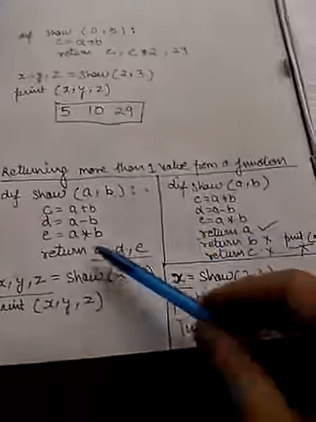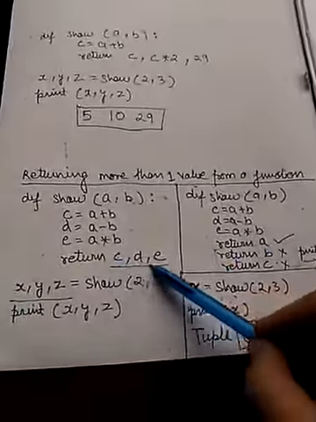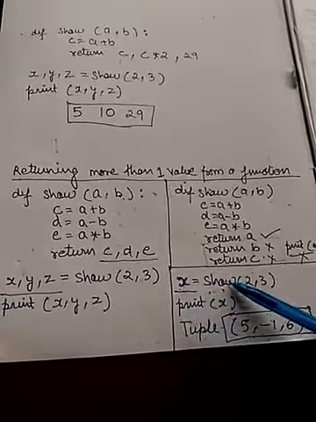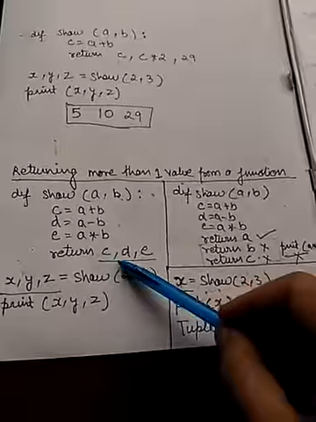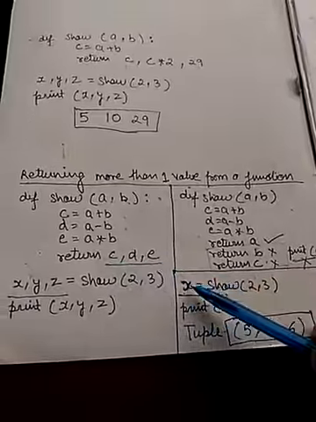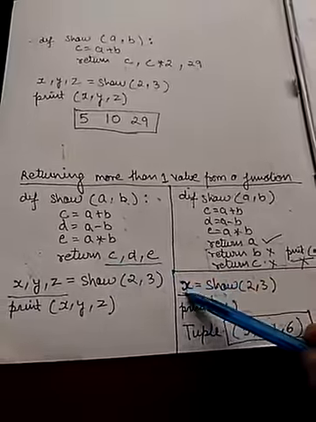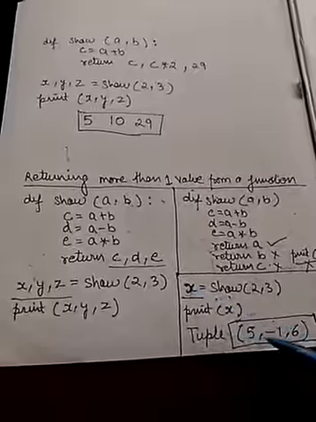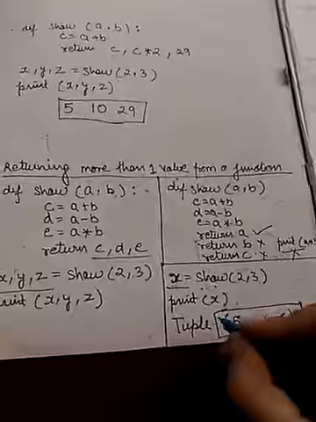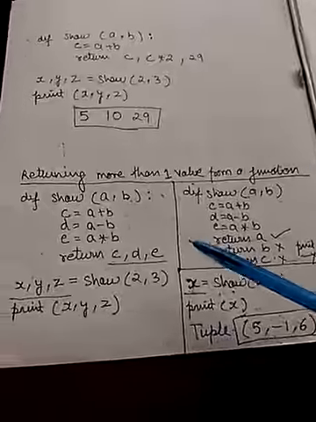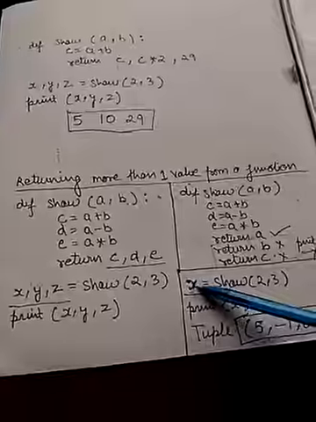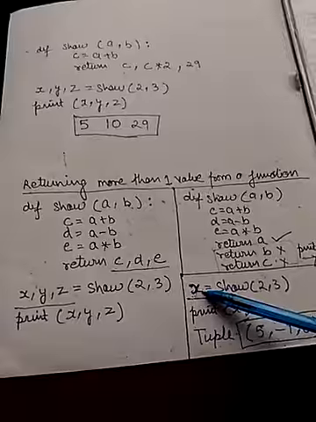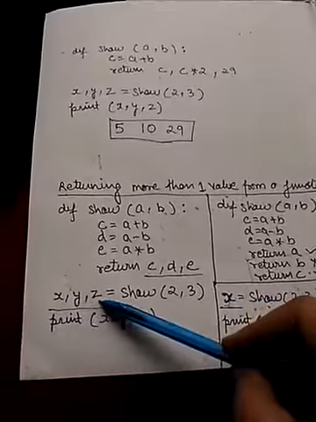Another thing: if you store multiple values in one variable, means after calling the function, it returns multiple values and you have stored these multiple values in a variable, then that variable will be formed in the form of a tuple. Parenthesis will be there, remember that, because if a variable is assigned multiple values, then that variable forms a tuple. And this is the unpacking of the values.